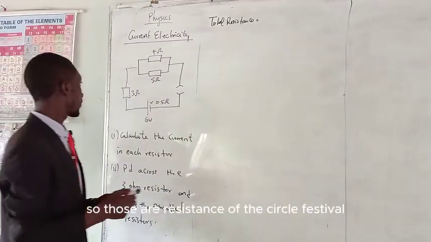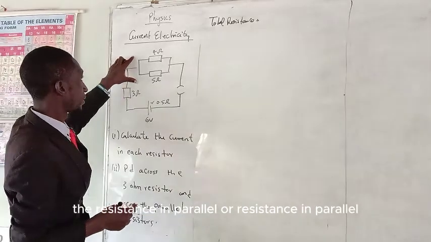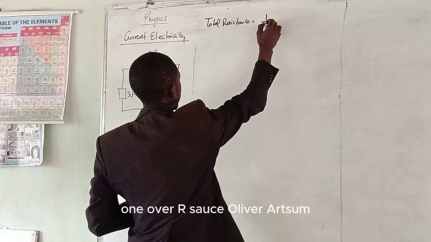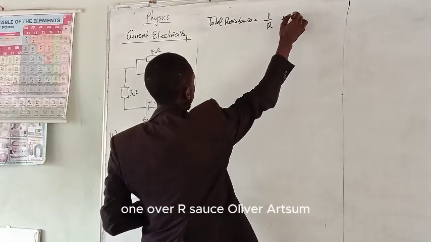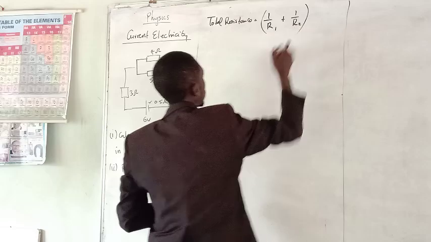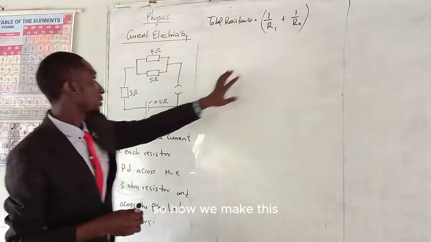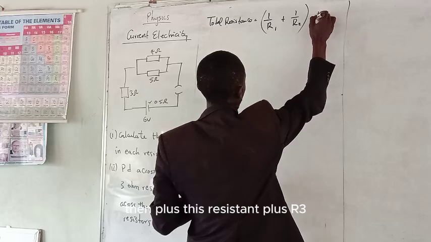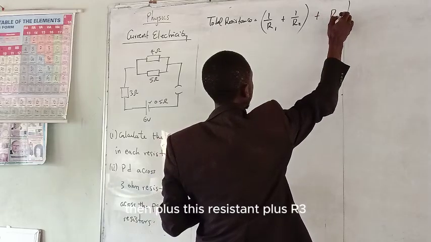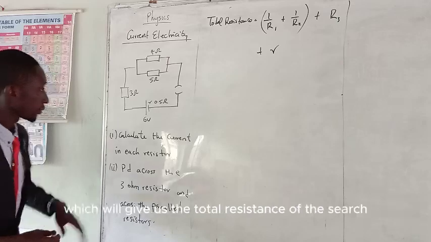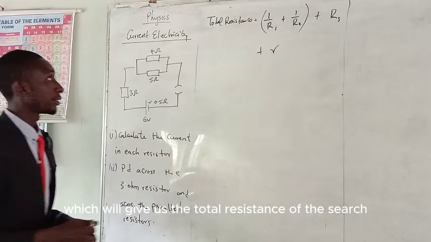So the total resistance of the circuit will first of all be the resistors in parallel, 1 over R1 plus 1 over R2, then plus this resistor R3, then plus the internal resistance, which will give us the total resistance of the circuit.